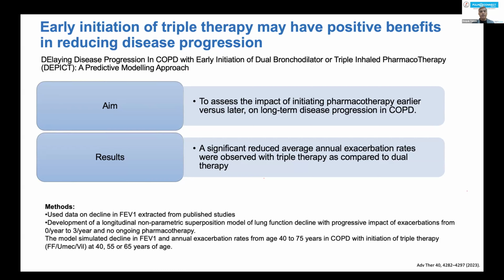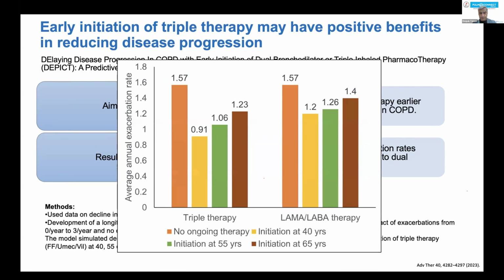And that is why I think they have moved this needle of exacerbation frequency and severity to just one moderate or severe exacerbation, where you need to initiate inhaled corticosteroid in addition to the combination of LAMA and LABA. And you can see that the earlier you put them on, the lesser the number of exacerbations.